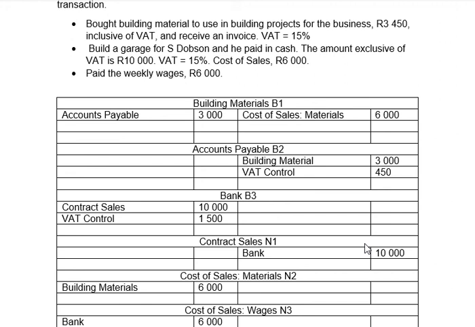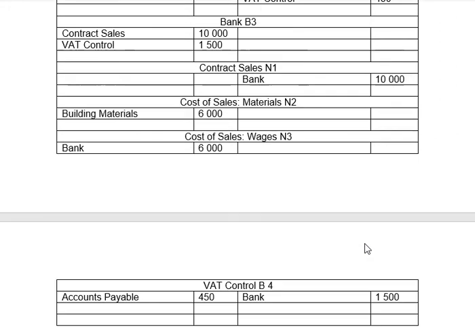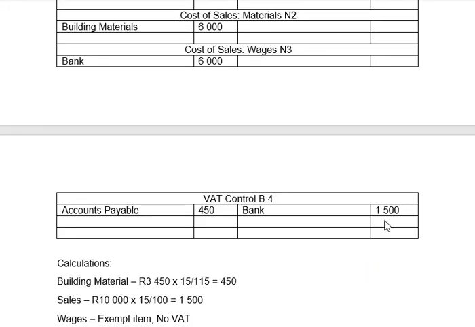I'm going to ask you the same question. What side of the VAT control account will this go to? That's what you must ask yourself. Are we dealing with a purchase or a sale? This time a sale, so we're dealing with output VAT. Output VAT goes to the credit side of VAT control. So on the credit side of VAT control, the VAT amount of 1,500, it's a cash sale, so bank.